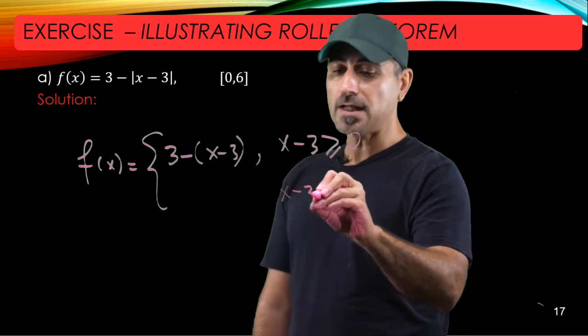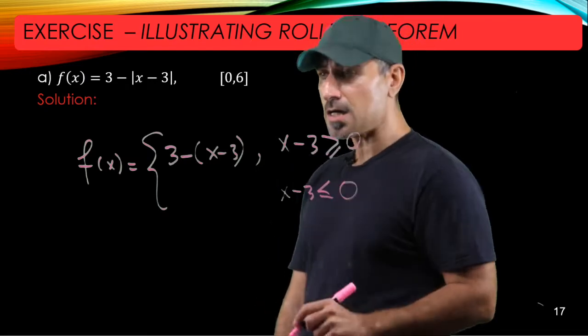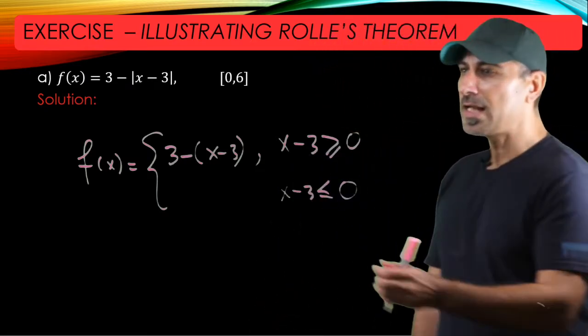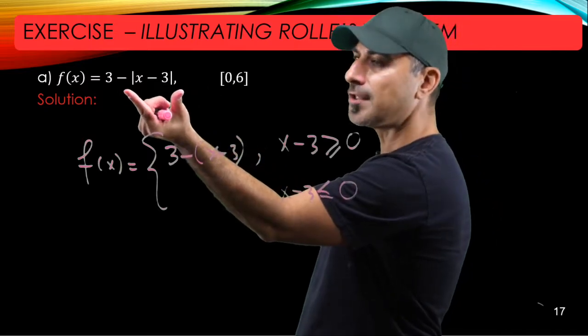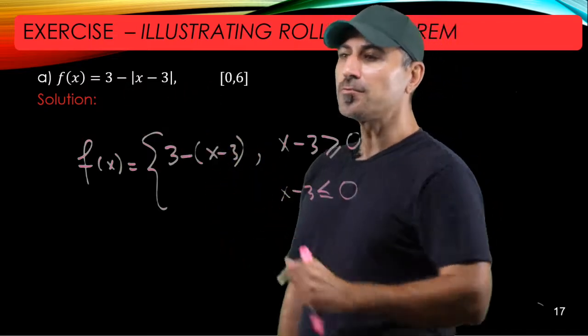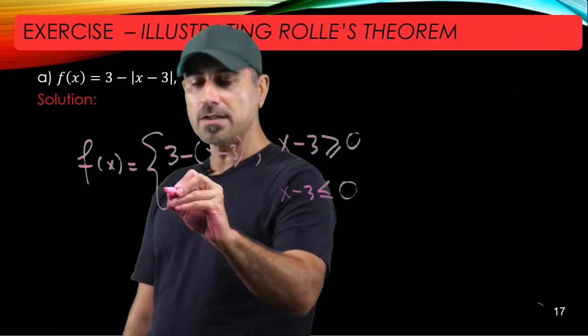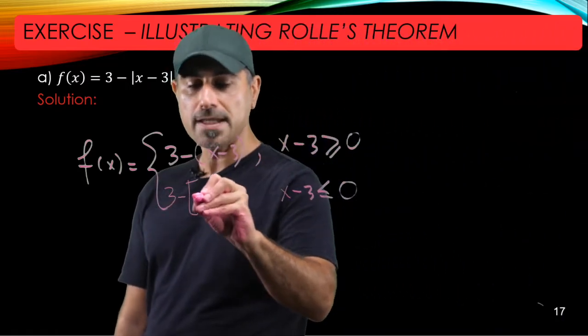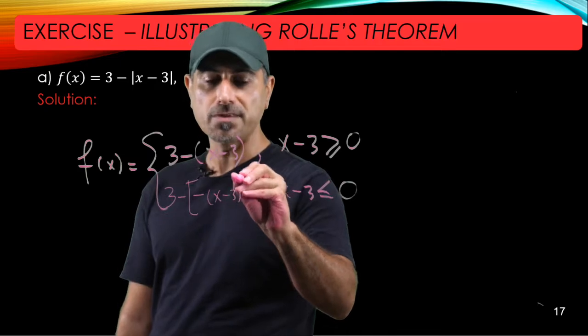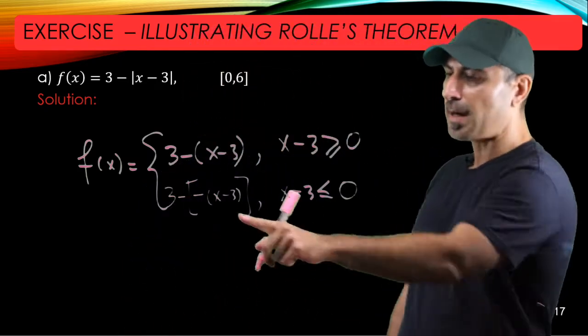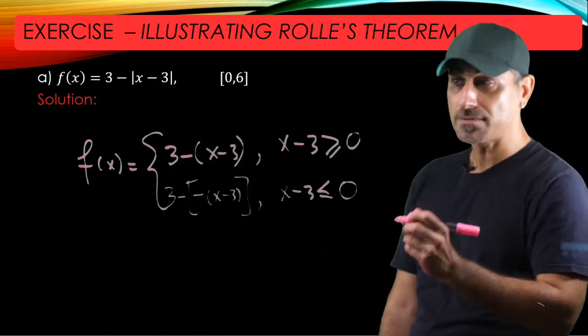If x minus 3 turns out to be non-positive, then the inside of the absolute value is negative. But the absolute value's job is to make the inside positive, so this piece is going to be minus (x minus 3), which is positive in that case.